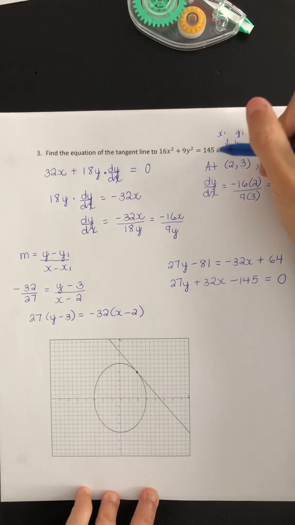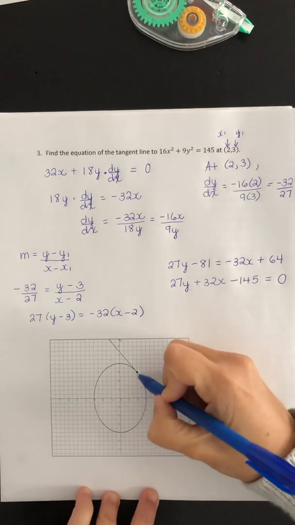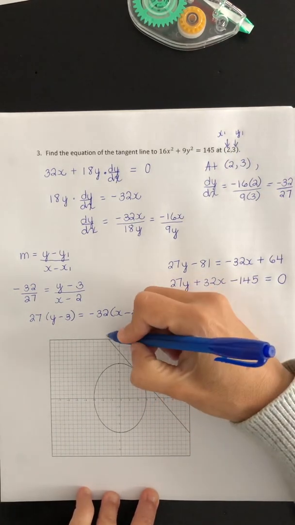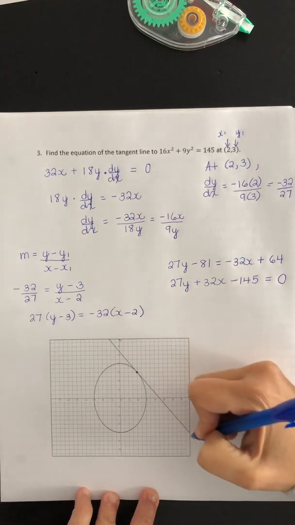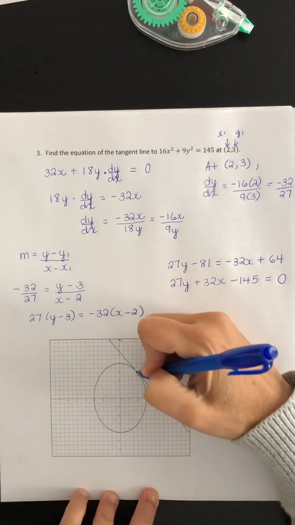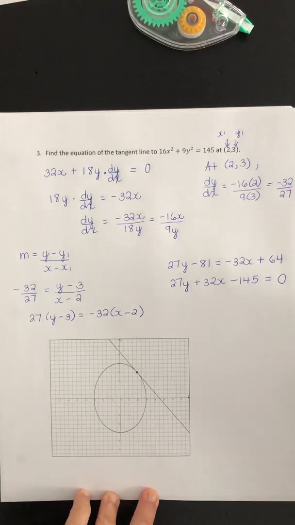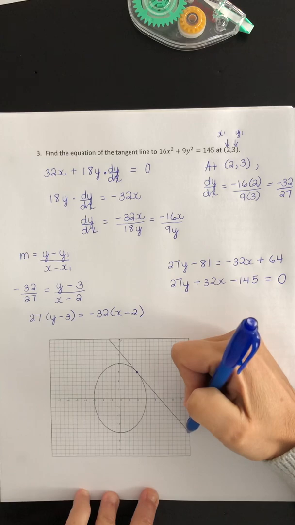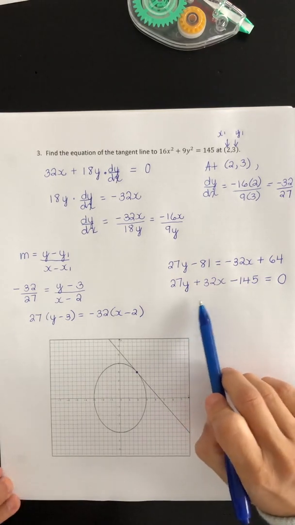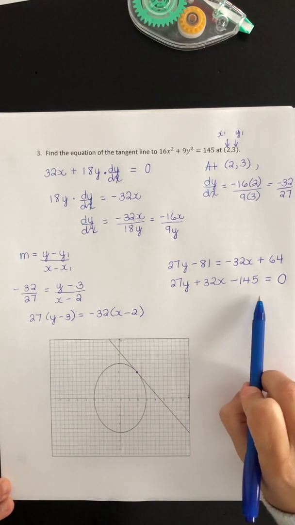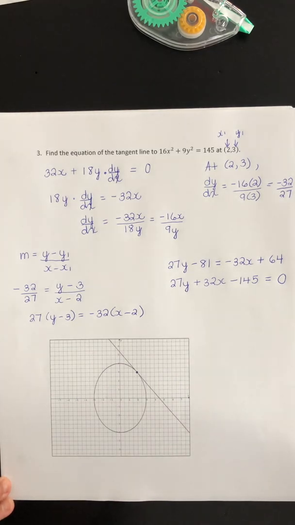So in this case, for clarity, they gave us the full ordered pair, so we knew we were trying to determine the equation of this tangent line right here. Okay, and we did. Its equation, the equation of the tangent line right there, is 27y plus 32x minus 145 is 0. Okay, and it's the line with slope negative 32 over 27.